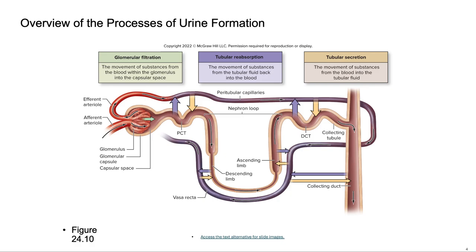But we're going to look at lots of things that are filtered. Think of the material that's entering Bowman's capsule, or that space deep to Bowman's capsule, the capsular space. These are things like water, small solutes, glucose, vitamins. Larger things, so think red blood cells, white blood cells, large proteins, are not filtered.